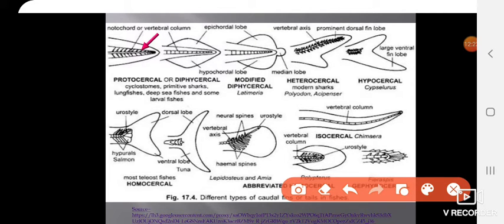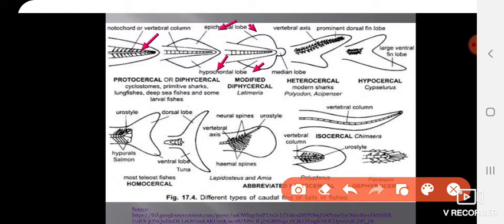Then another, diphycercal. In this case, the vertebral column divides the tail into two parts, epicaudal and hypocaudal, and these parts are expanded. Both are the same, but in this case the epicaudal and hypocaudal lobes are expanded. Such a tail is called diphycercal.